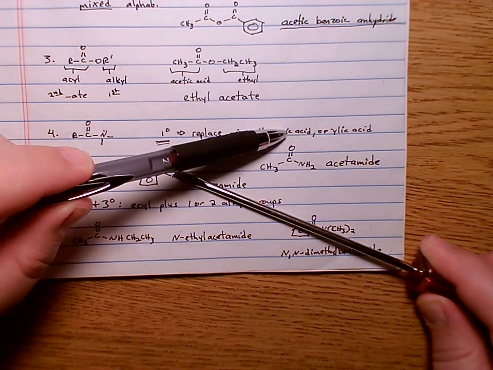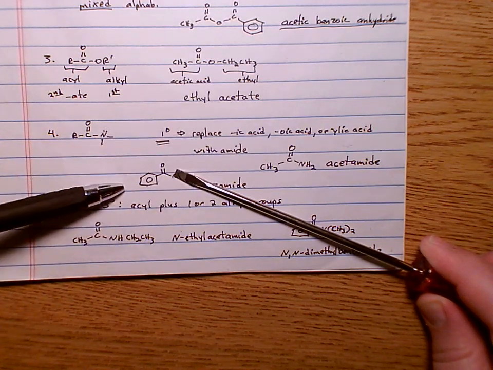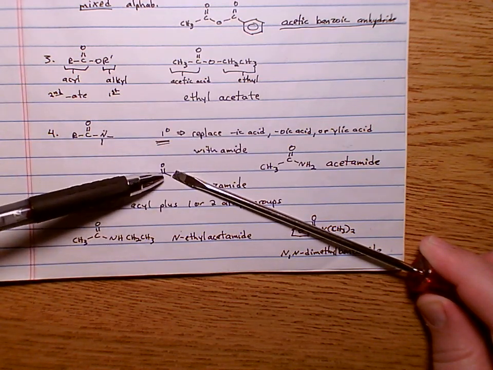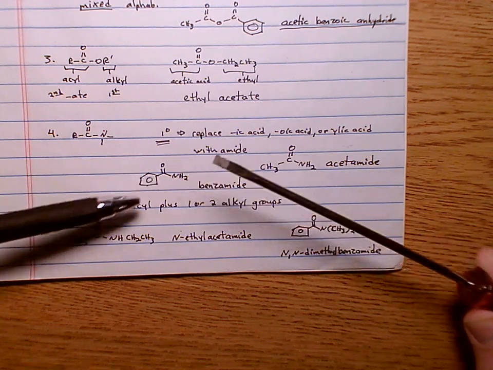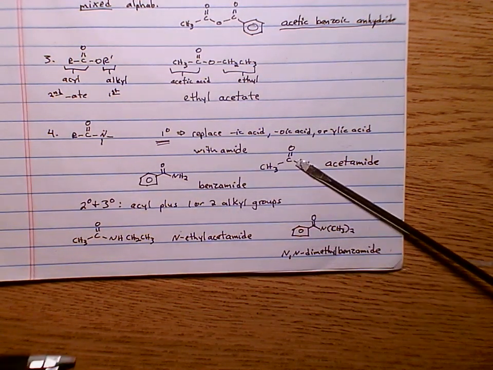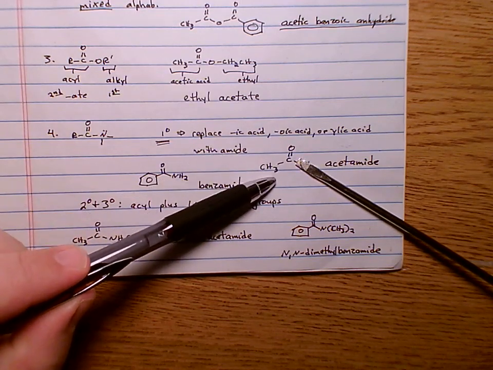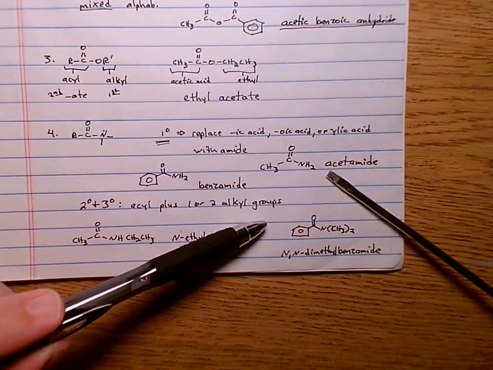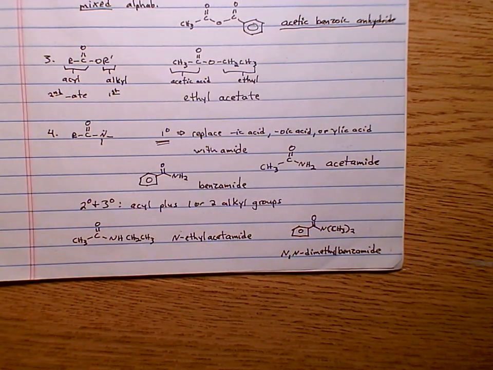We're going to replace "oic acid" with the word amide, so benzoic acid becomes benzamide. If this had been acetic acid, it becomes acetamide, or however you want to pronounce it. As long as you've heard someone with a PhD in chemistry pronounce it, then it's okay.